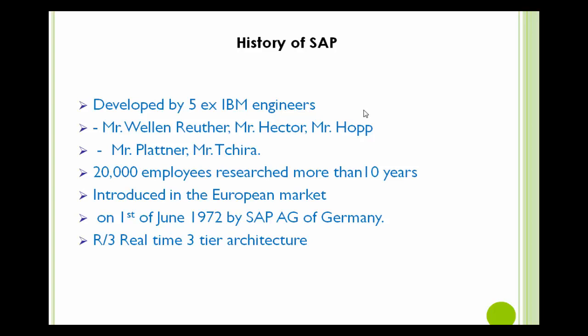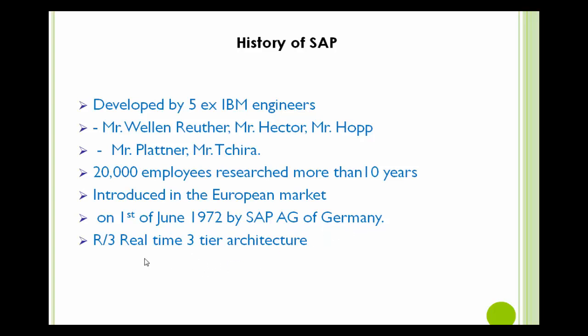The SAP product was developed by 5 ex-IBM engineers: Wellenreuther, Mr. Hopp, Hector, Plattner, and Tschira. Over a 10 year period, 20,000 employees researched it to become a product, and it was earlier introduced in the European market, because this is a German product, on the 1st of June 1972 by SAP AG. SAP AG stands for a German association, headquartered in Walldorf city in Germany.